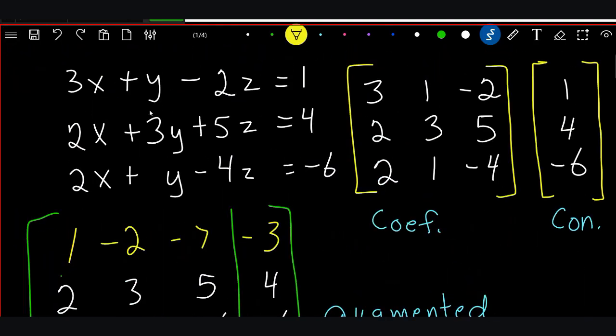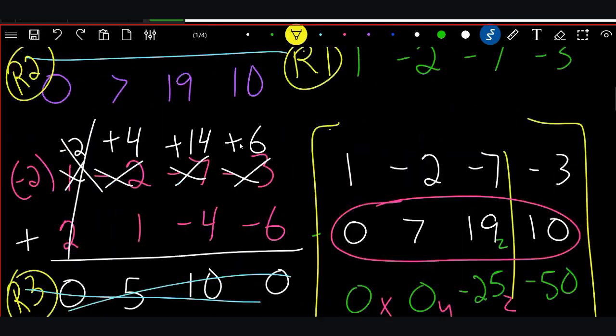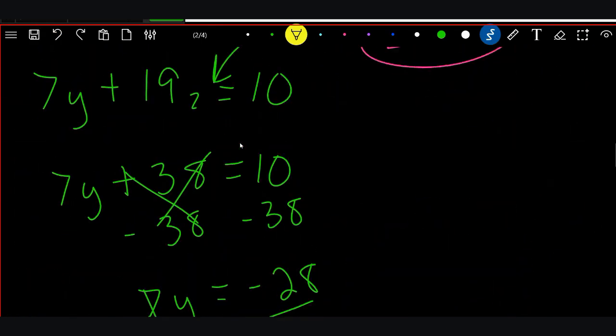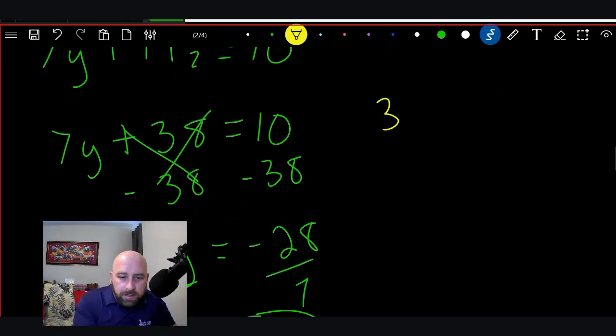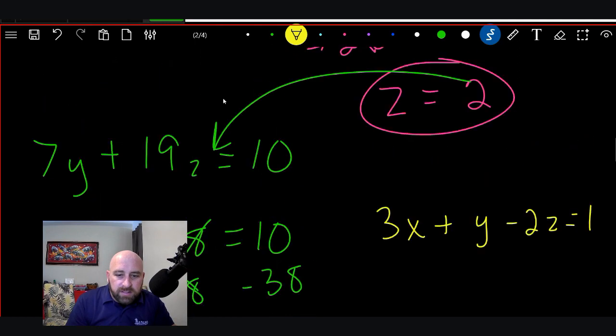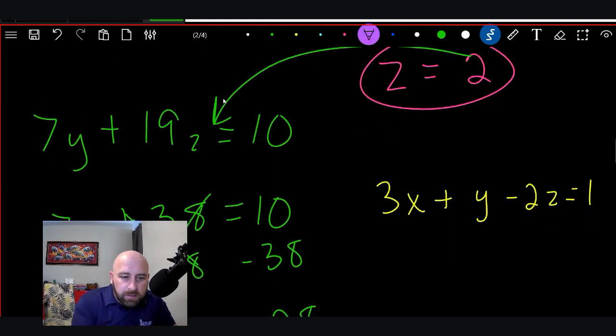Okay, so we'll go back here to the original equation, 3x plus y minus 2z equals 1. And we'll substitute back in now that we have our y and our z. We said that z equaled 2, so we'll put the 2 in there.